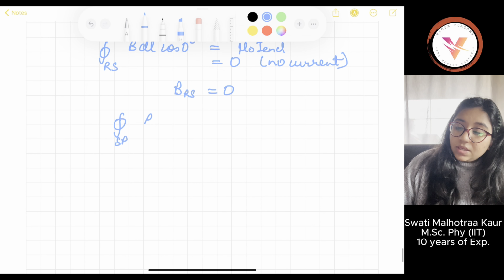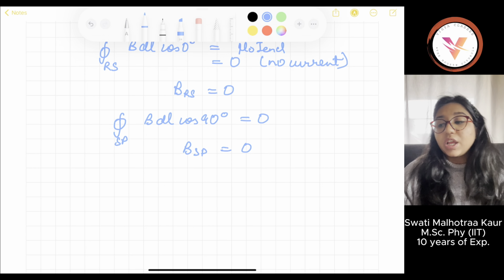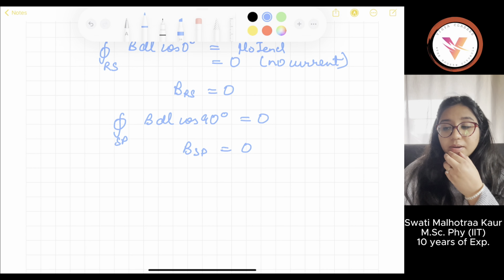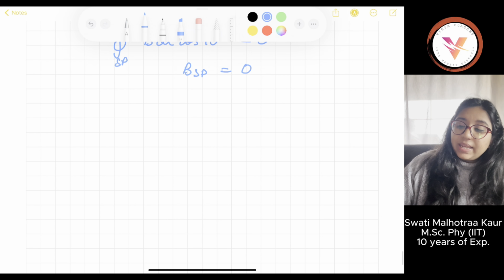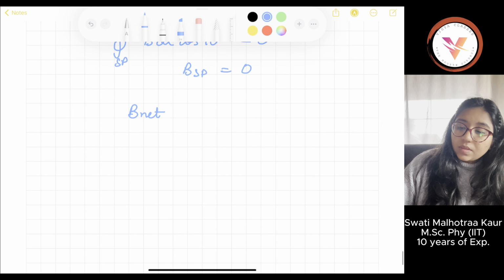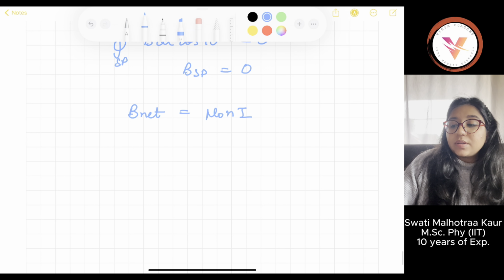For SP it is B dl cos 90 degrees, which is 0, so there will be no contribution of magnetic field. So every length is giving 0 contribution except PQ. So B net would be only mu naught nI.